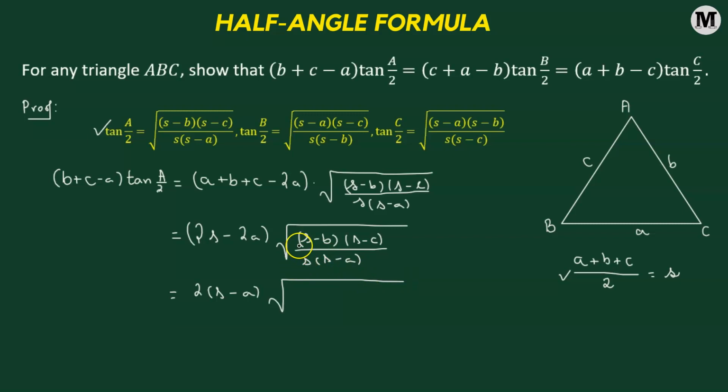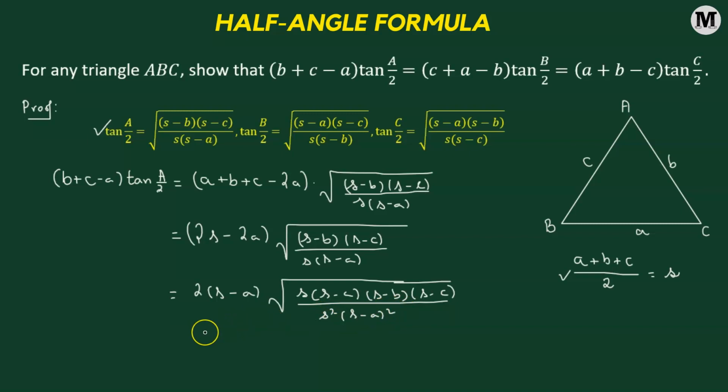We're going to multiply the numerator and the denominator by the denominator, that means by s times (s minus a), such that we get s times (s minus a) multiplied by (s minus b) times (s minus c), divided by s squared times (s minus a) squared.